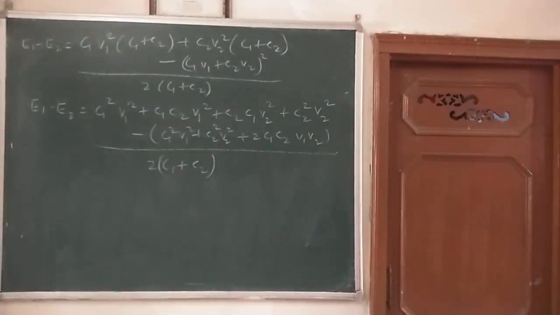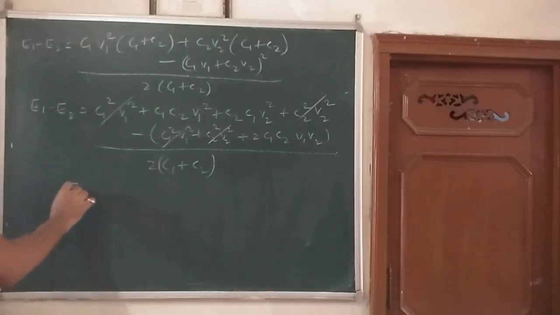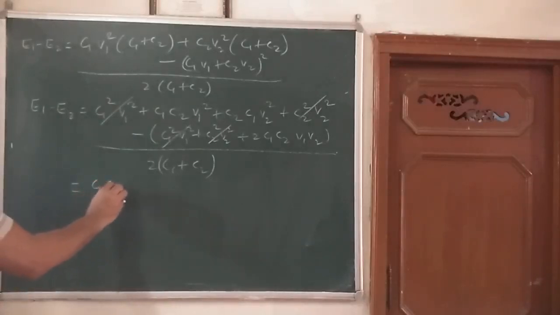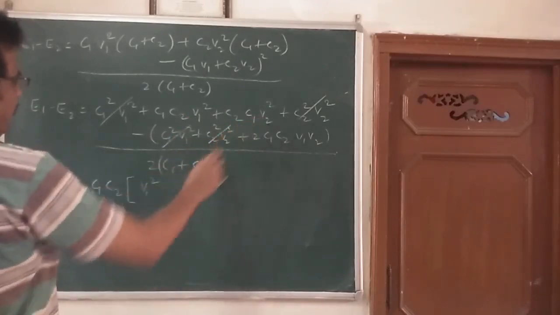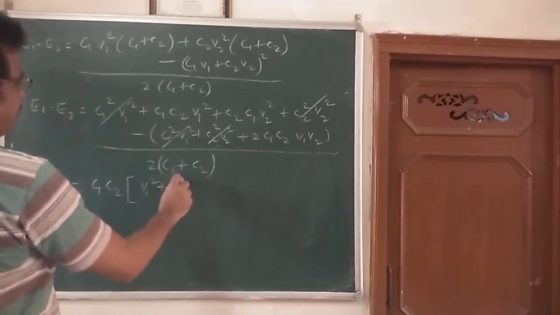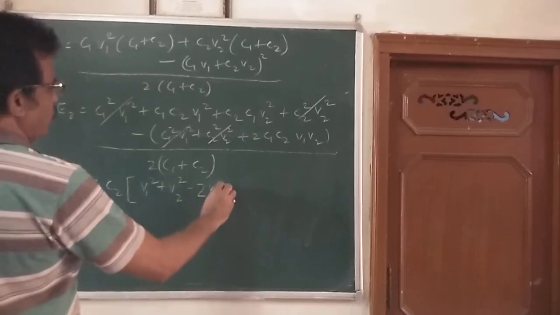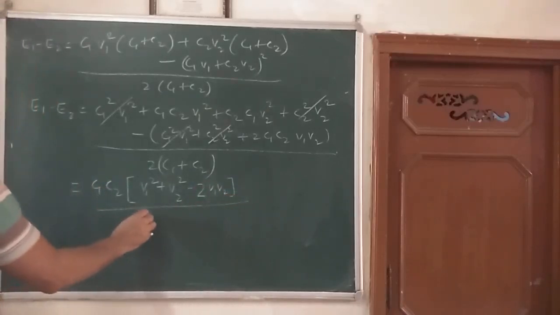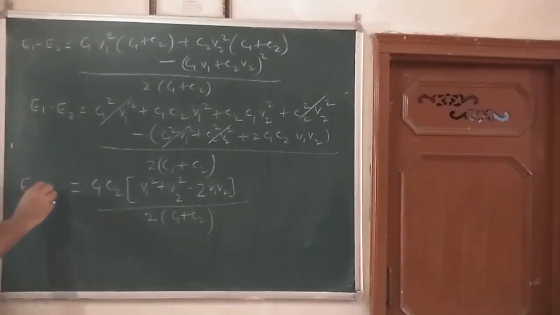See what is cancelling now: this thing, this thing, this thing and this thing. Now what remains here? Take C1 C2 common. Then what you are getting? V1 square remains from here, from here V2 square, with C1 C2 common, minus twice V1 V2, divided by twice of C1 plus C2. This is E1 minus E2.